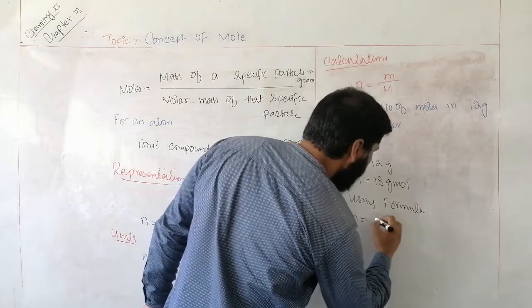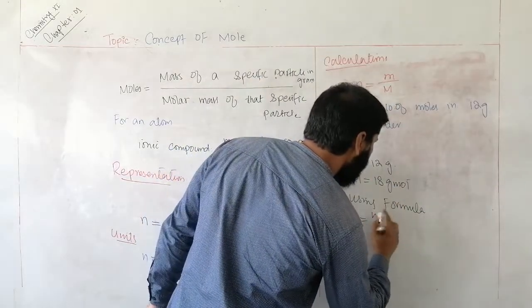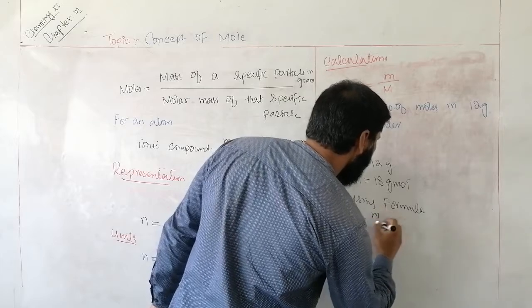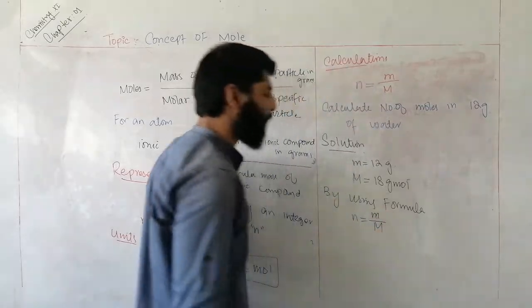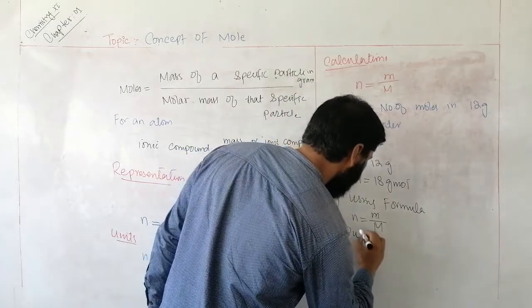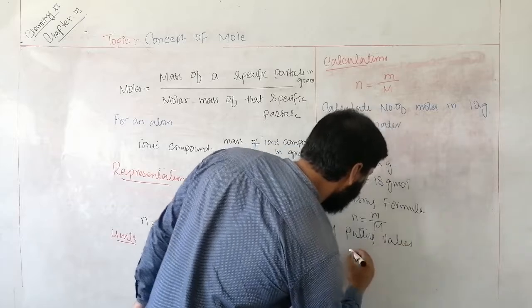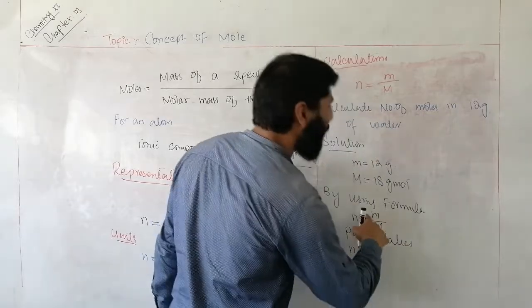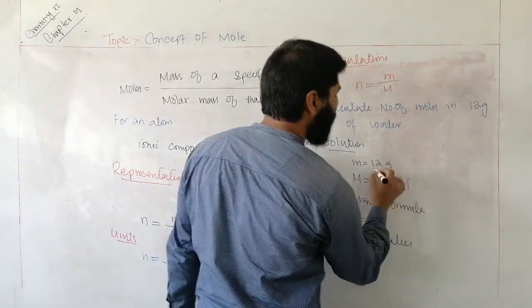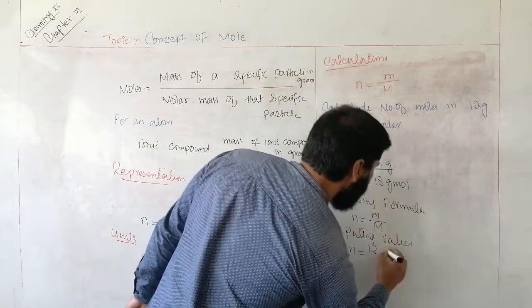n is equal to mass over molar mass. n is equal to m over capital M. Now by putting values, we'll get n is equal to, mass is given here 12 grams, so put 12 here.